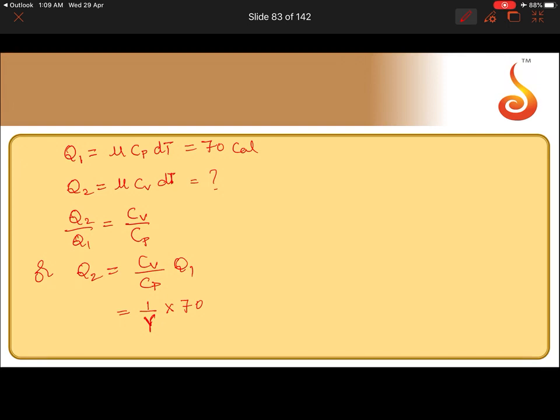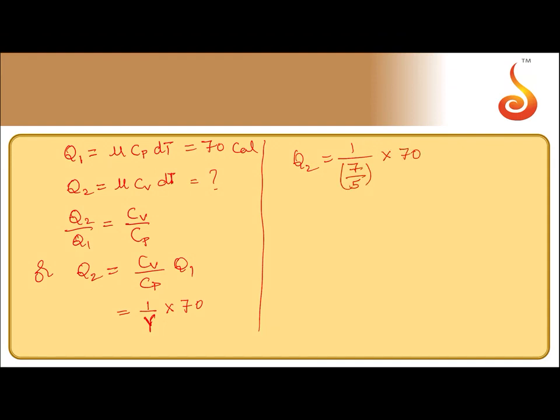So, Q2 is equal to 1 divided by gamma, which is 5 by 7 for diatomic gas, into 70. So, that will be 50 calories.